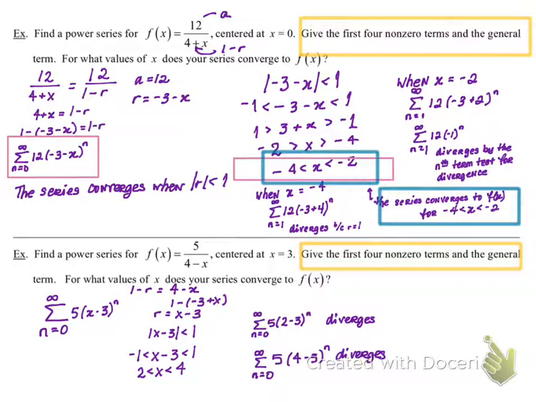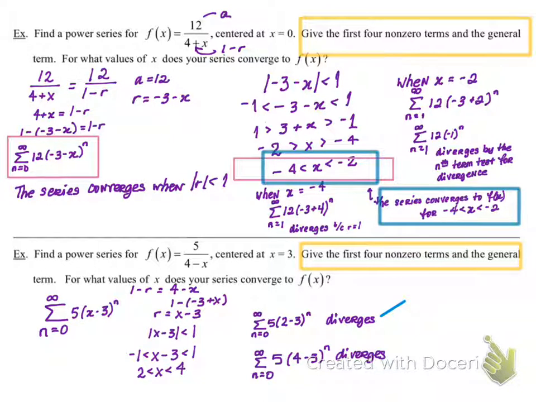Okay, so the first one diverges because it's just bouncing back and forth between 1 and 0. And what just happened? 4 minus, that should be a 3. Doesn't look like a 3, does it?